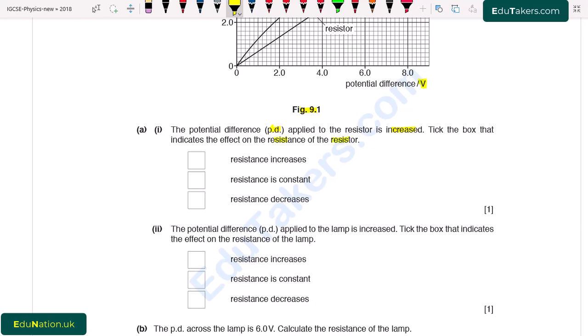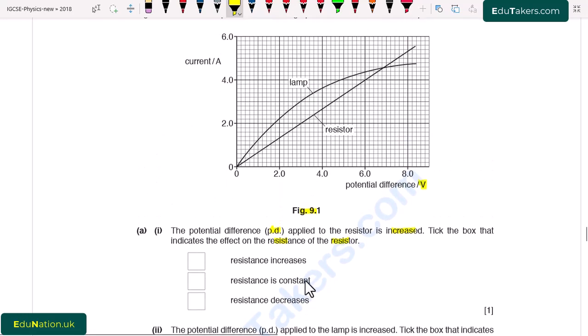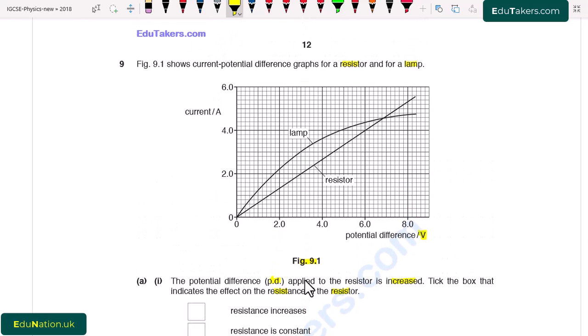So going back to the graph, we can see that this straight line is the curve for resistor, and it shows that when we increase the potential difference, current also increases, and when we decrease the potential difference, current also decreases. And when I find out the slope between 2 points, its value remains constant.